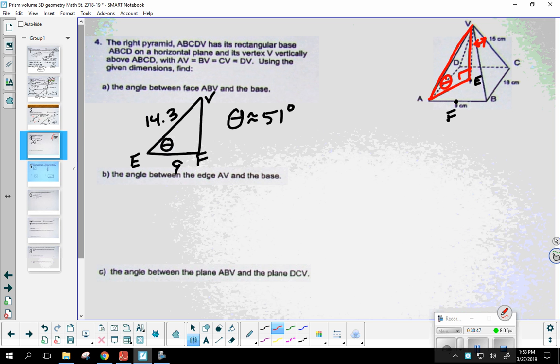So here's what I'd like for us to do. We have a decent amount of time left. I want you to try to calculate both B and C, working together, using your notes, whatever is necessary. Take the rest of the time to get those answers, and then on Friday, when we finish this up, we'll take care of the homework on the 2D geometry.